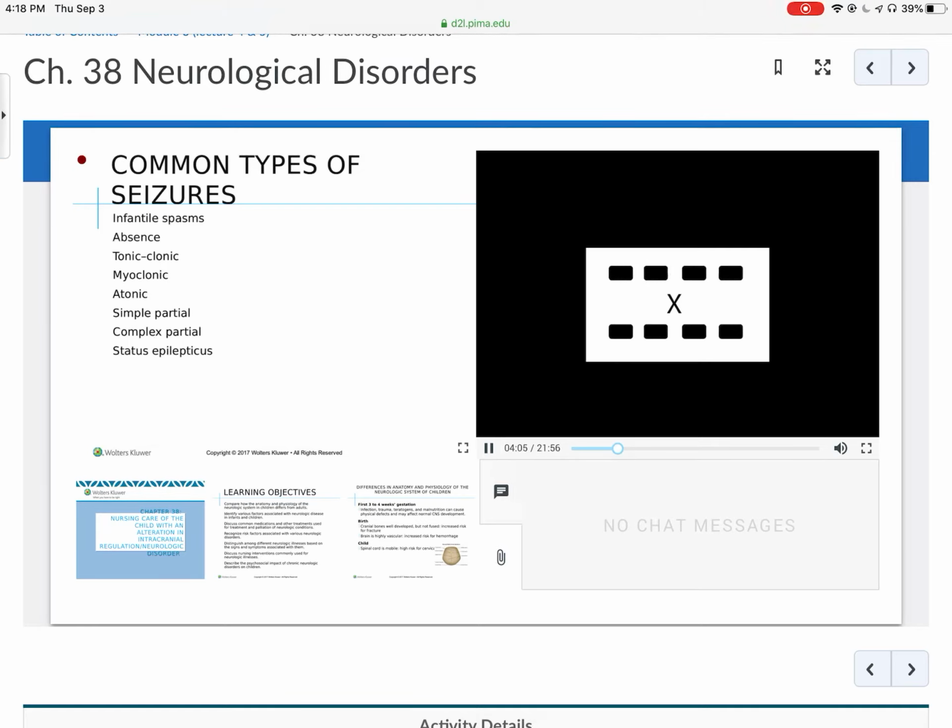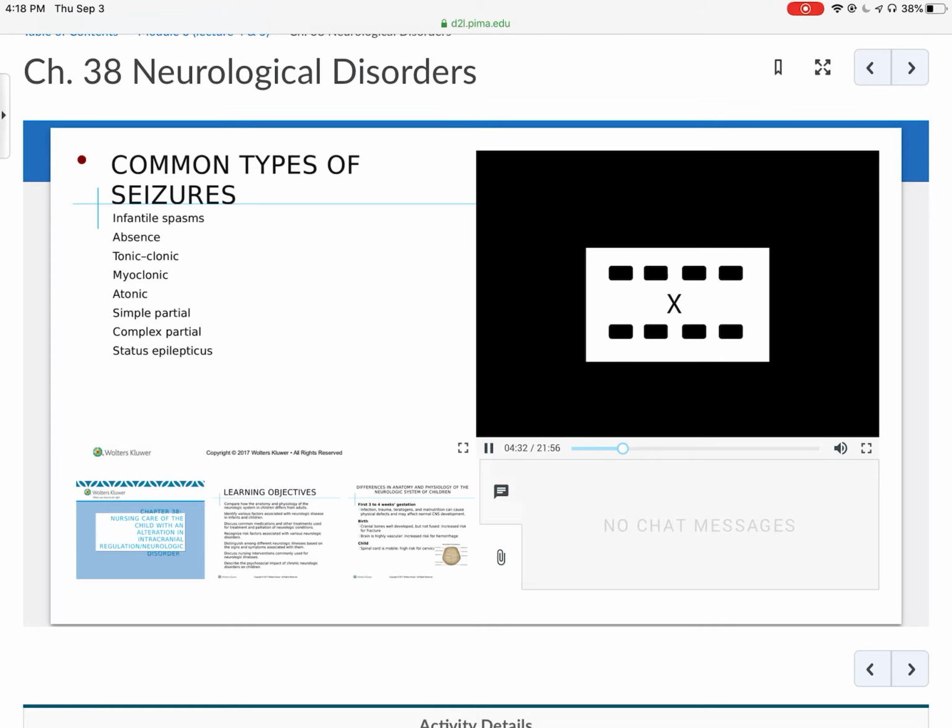Absence seizures, or some people call them petit mal, are generalized seizures, not so much like the tonic-clonic that we think about. Tonic-clonic is the full body seizures. You can have just tonic or just clonic, or the tonic-clonic we used to call grand mal seizures, but now we've renamed those. Your book goes into some details on seizures.